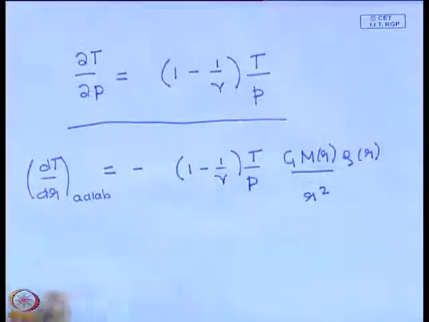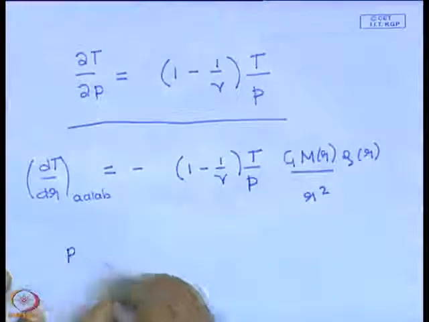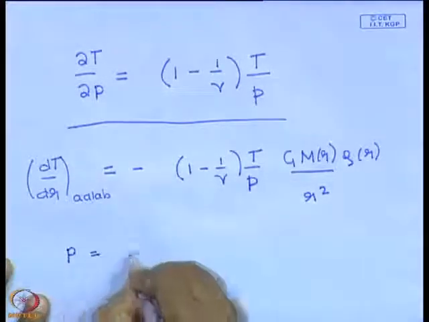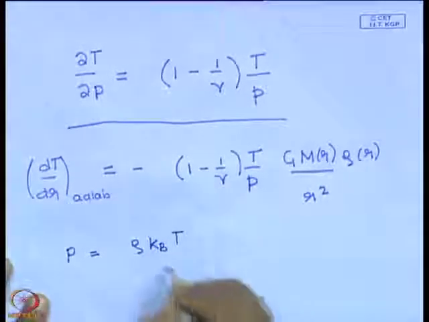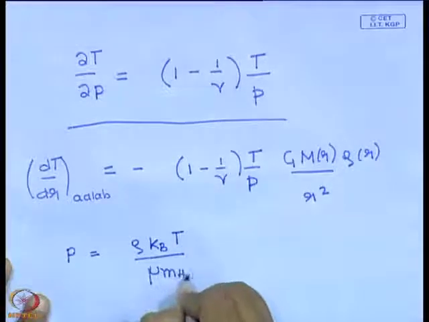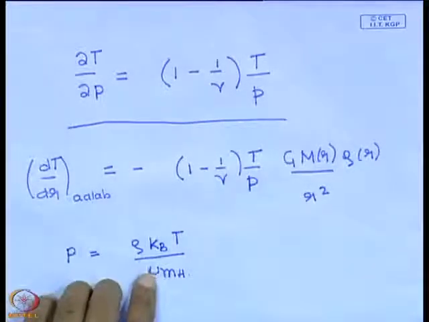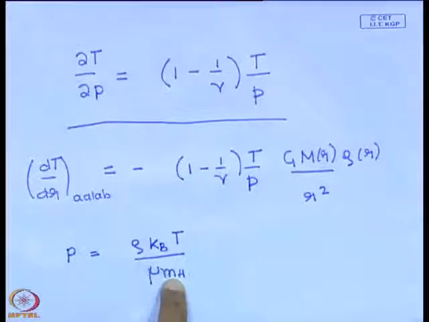Okay, and we also know that P is equal to rho kB T divided by the average atomic weight times the mass of one hydrogen atom.